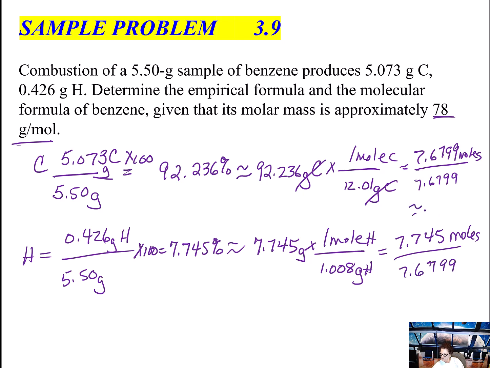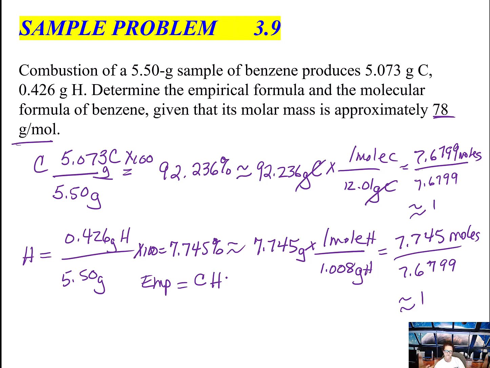So those are both going to be approximately equal to 1. And so that tells me that the empirical formula is going to be CH. That's pretty simple, 1-to-1. All right.